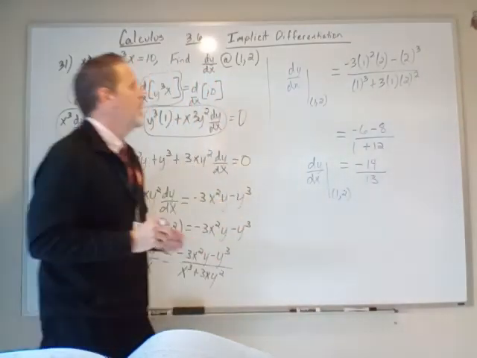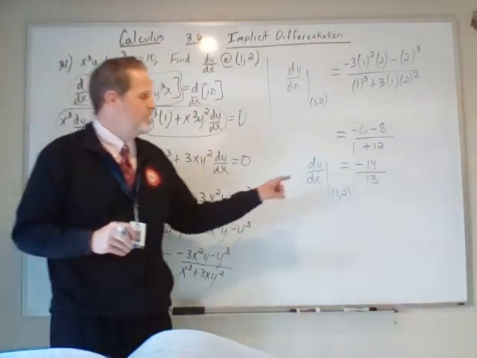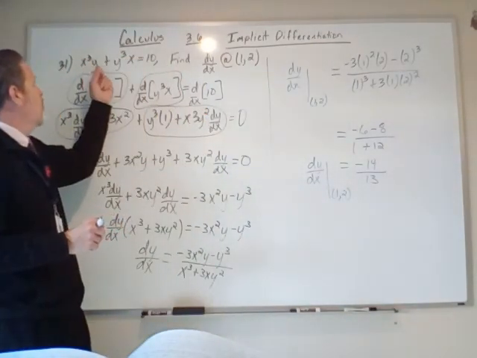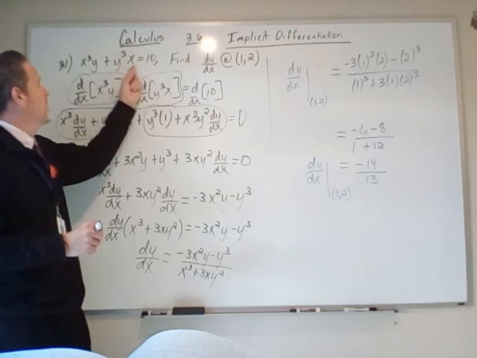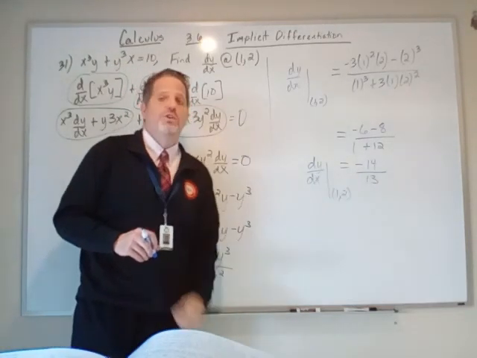So the slope of the tangent line at the point of tangency (1, 2) to this original function, x cubed y plus y cubed x equals 10, is negative 14 thirteenths.